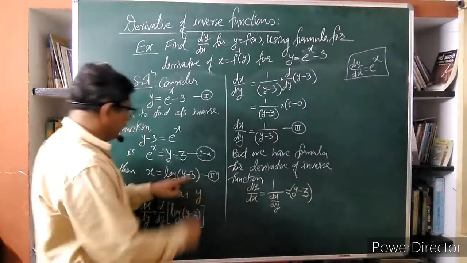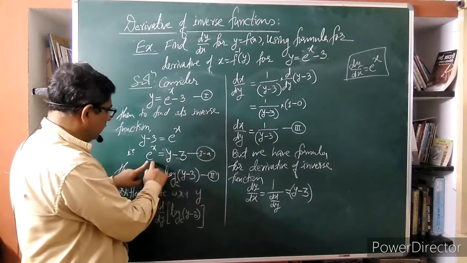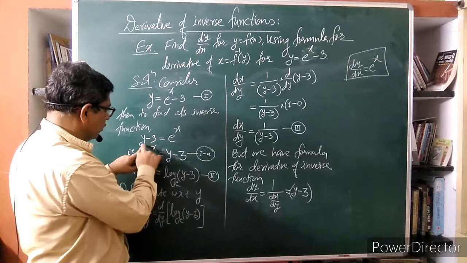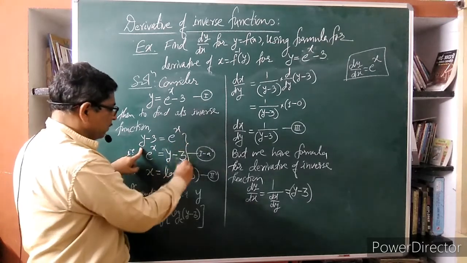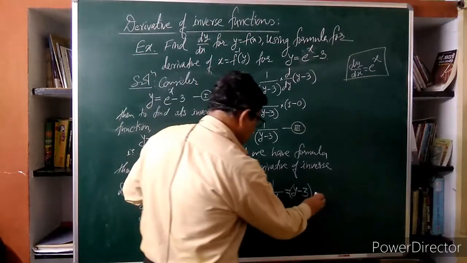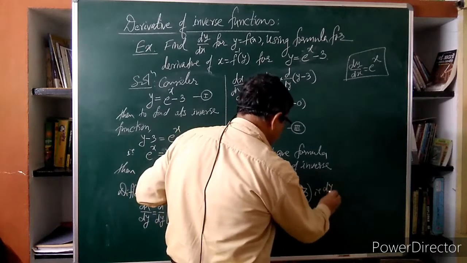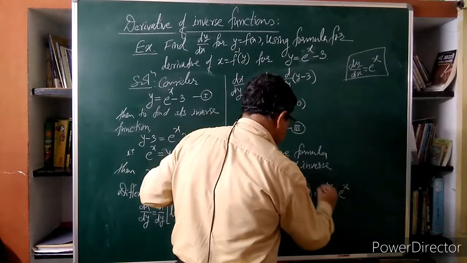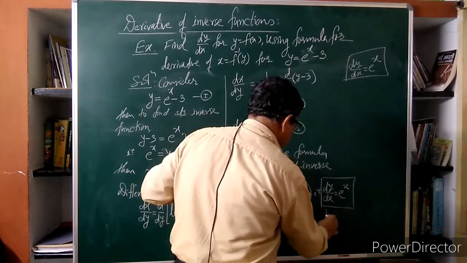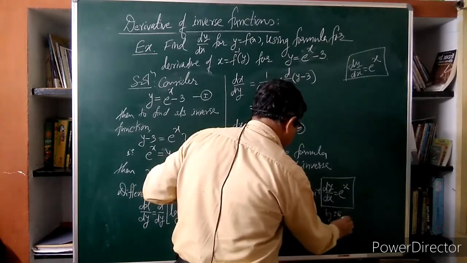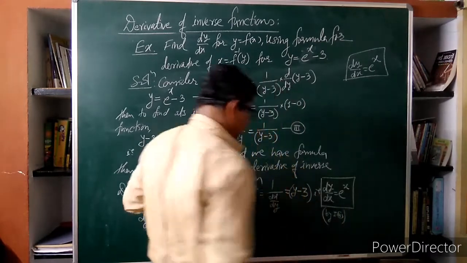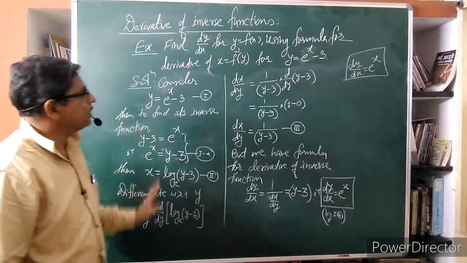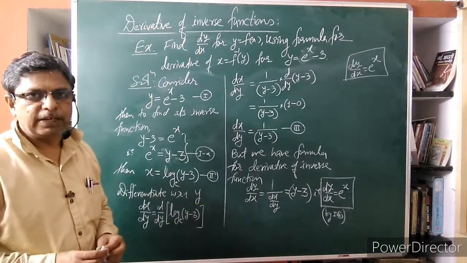But see this 1a here, just we have taken 3 to the other side and we are getting e raised to x is equal to y plus 3, or y plus 3 is equal to e raised to x. So we are getting dy by dx is equal to e raised to x, this is by 1a, and we are getting the same answer by using the formula for derivative of inverse.